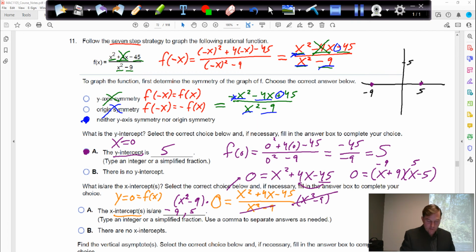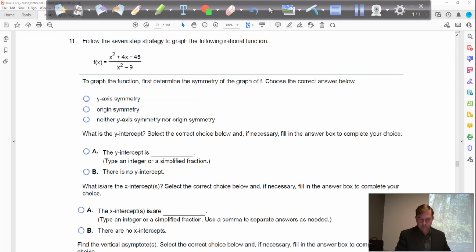And then at 5, it's going to touch the y-axis from this one here. So I don't know what the function is doing yet, but I know it has to go through the minus 9, and then through the 5, and then through this 5. I at least have those 3 dots where I can start to kind of guess at its shape. Okay, but we're going to have to fill a lot more in, so let's keep going.